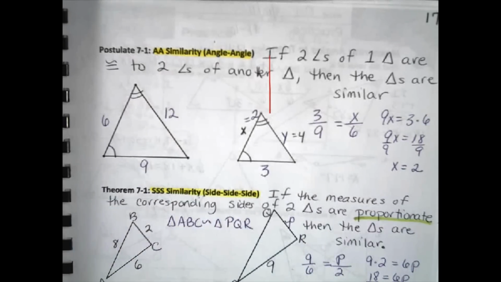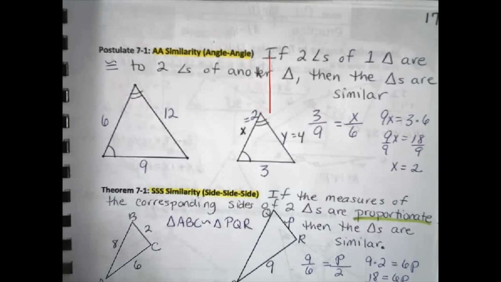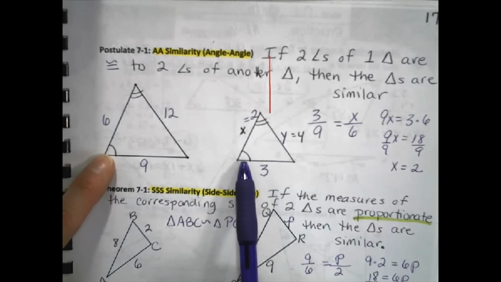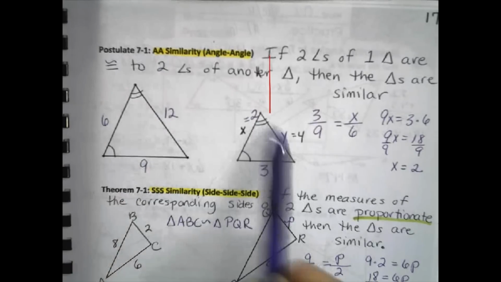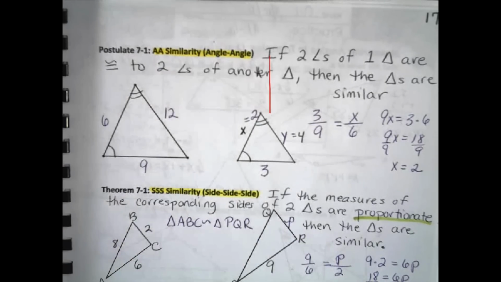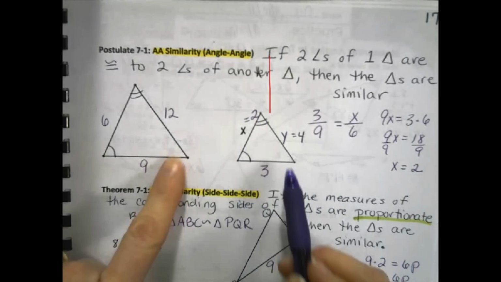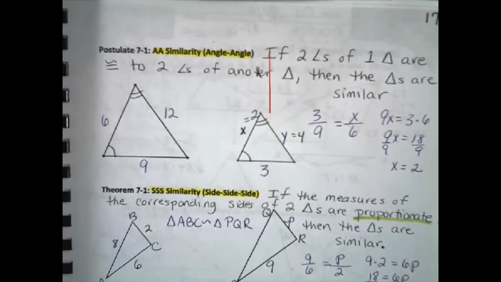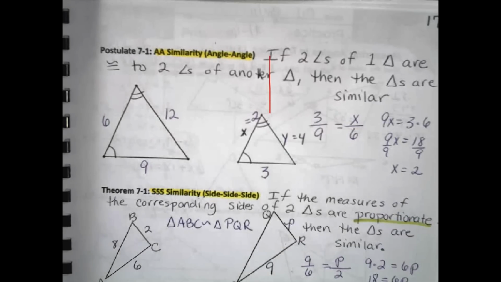Keep in mind, if these two angles are the same and these two are the same, and each triangle has an angle sum of 180, then naturally the third angles would also be the same. So again, I've provided an example here if you're interested in how to use a proportion to solve for the side of a triangle, knowing that the two triangles are similar.